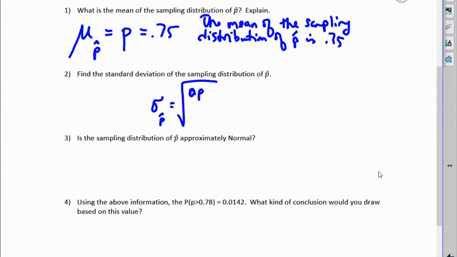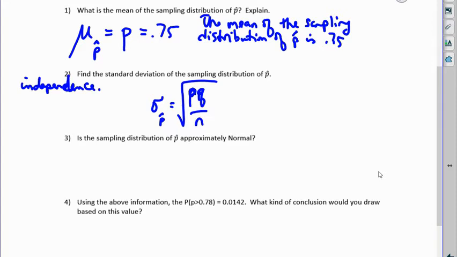Square root of P times Q over N. Okay. In order to use this formula, I need to have independence.